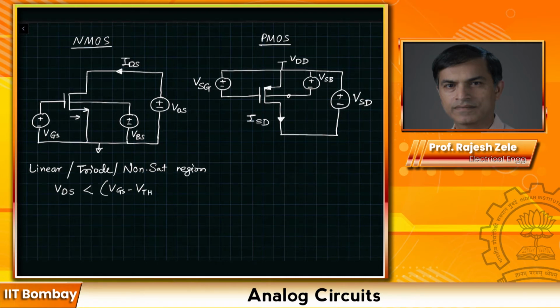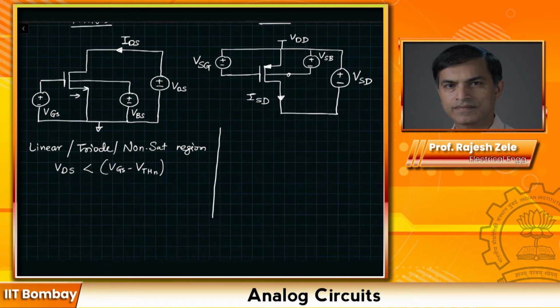And since we are doing both NMOS and PMOS, in this particular case, I will denote it as VTHN to denote the NMOS. And let's write the equation for this. The equation is given by IDS equal to mu n Cox W by L, times VGS minus VTHN times VDS minus VDS square divided by 2.